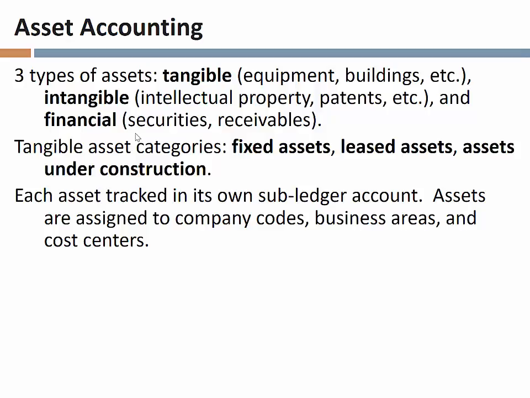So, if every asset is reflected in its own subledger, one of the things that tells us is that an asset is assigned to a company code. So we might have a large conglomerate that has different company codes that are closely associated with one another, but yet when we actually think about the assets in play, every one of those assets is going to be assigned to its own distinct company code.